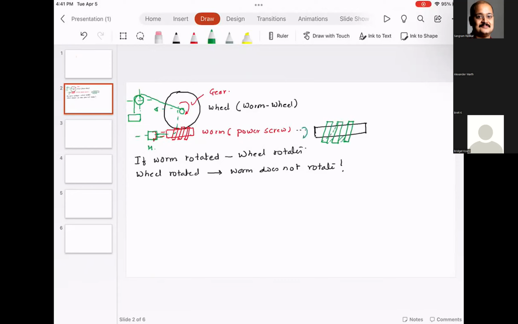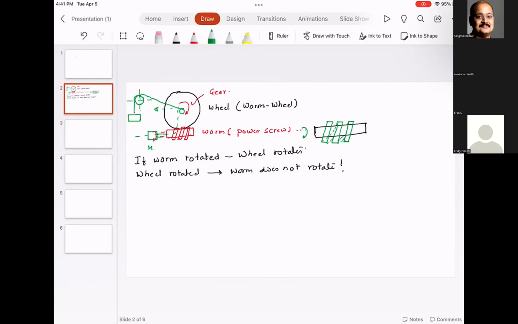Clockwise rotation will give you advancement of one lead. So what are the important parameters of this gear assembly? We borrow the same concepts from power screws.